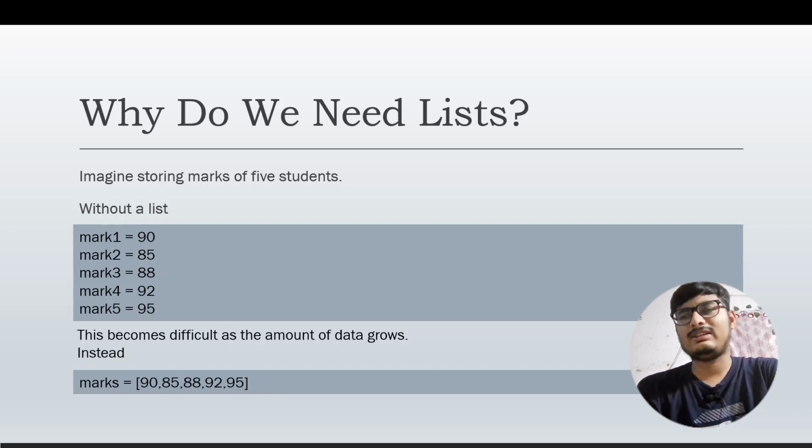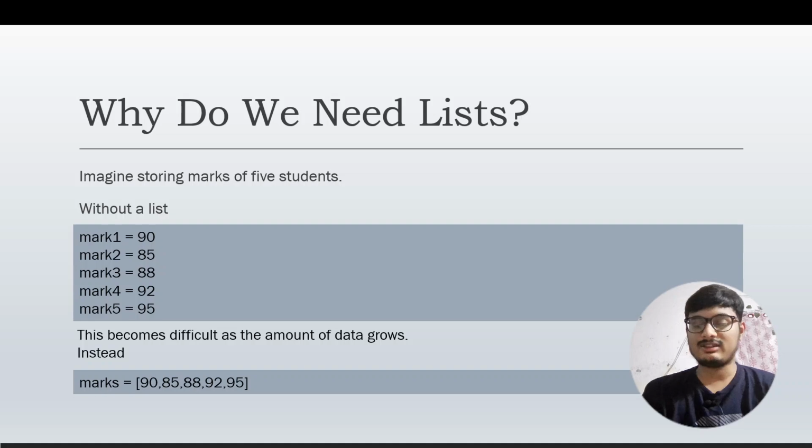It says, why do we need lists? Imagine you have a lot of data. Imagine you have data of some students, and in that data you have marks that different students have scored. This is the example, like mark 1, mark 2, mark 3, and 90, 85, and all. These are some of the data that you have.